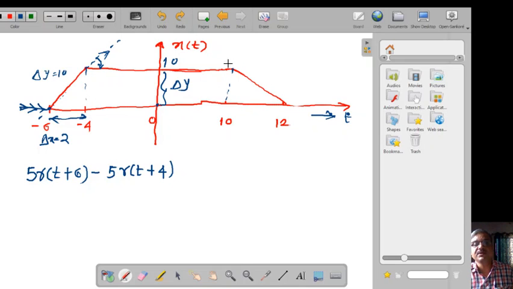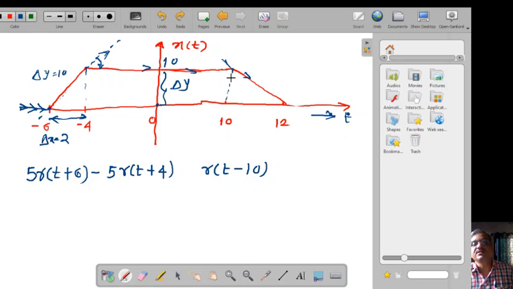Now at this t equal to 10 there is one more ramp which is going by a negative slope. So here the slope of the line will be 0. So at t equal to 10 I will be having another ramp. So this 10 is a delay. Therefore I will be having another ramp at t equal to 10, which is a delayed ramp.